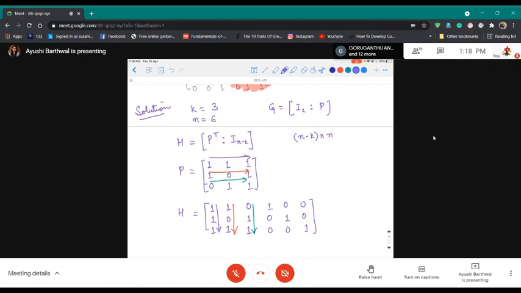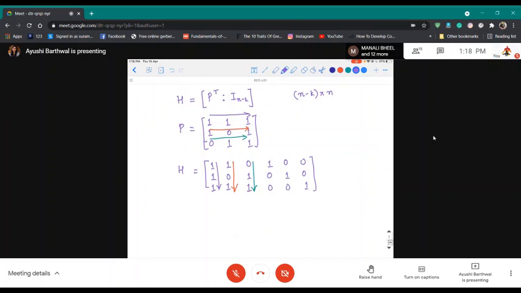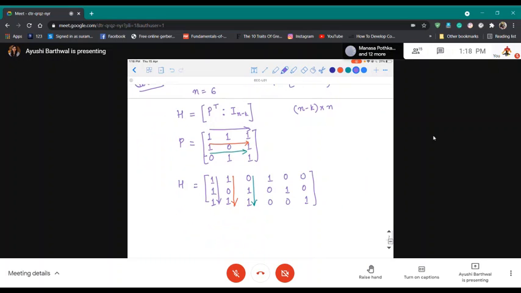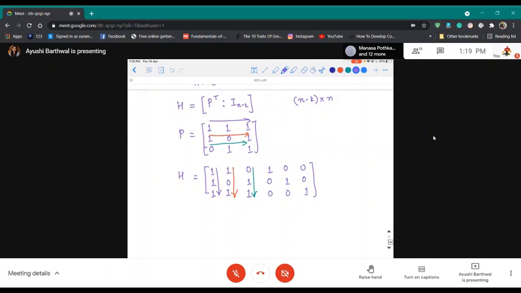So this is your parity check matrix. And you can always verify the answer: if G into H transpose is equal to 0, that means your parity check matrix is correct.